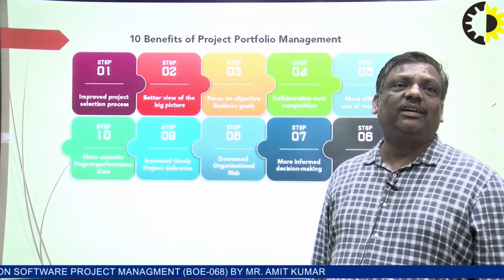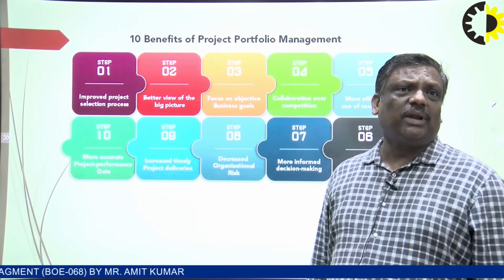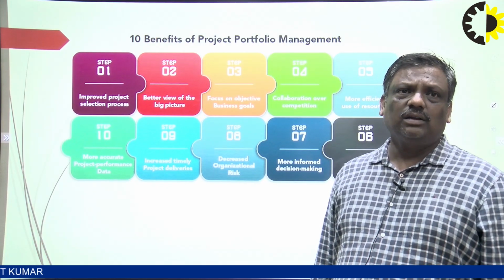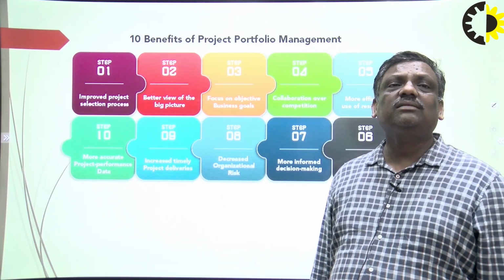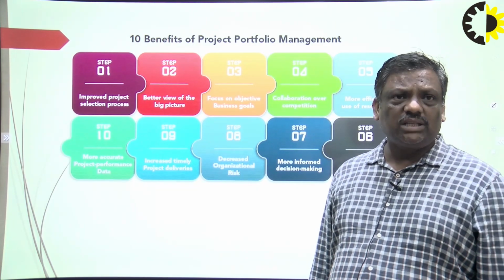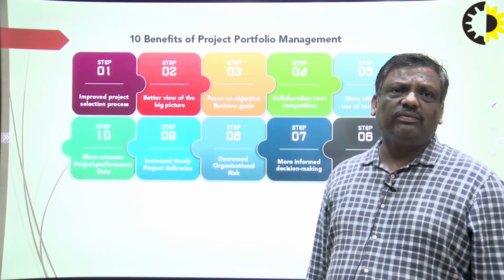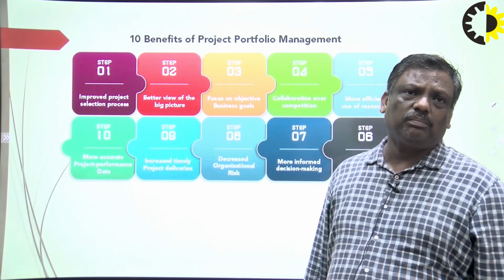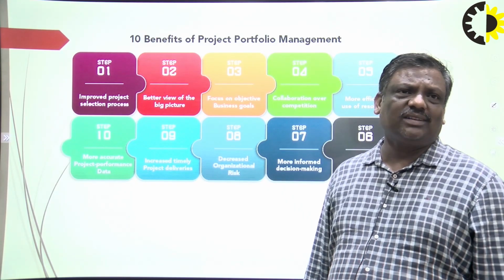Decreasing organization risks. So risk management is there. With the help of different types of risk management we can decrease risk with the help of PPM. More informed decision making. In each and every phase a manager takes a decision. Sometimes we have the same situation as in a previous project, and sometimes a new case is there.